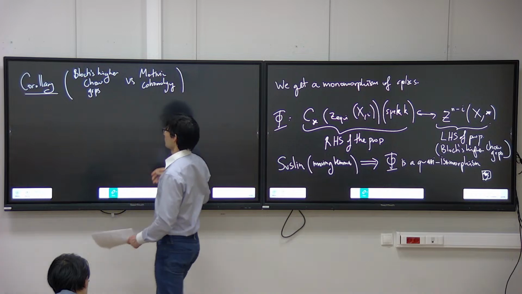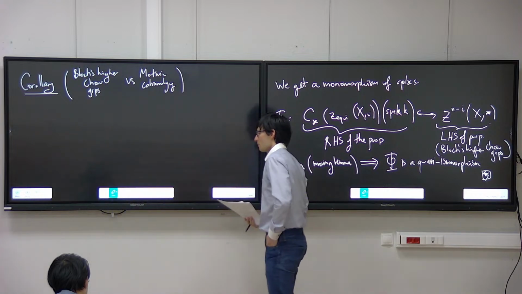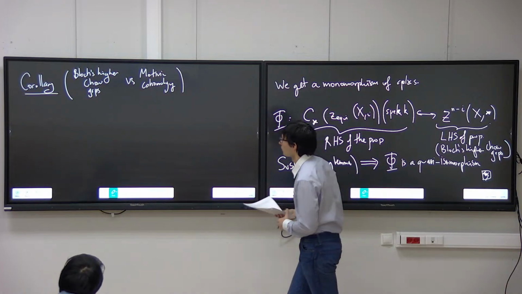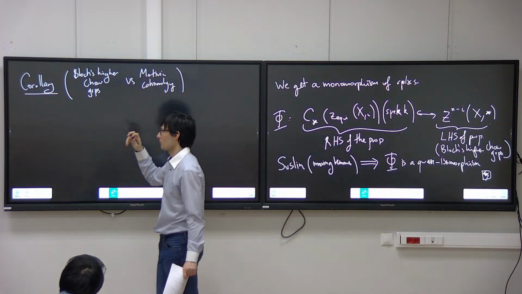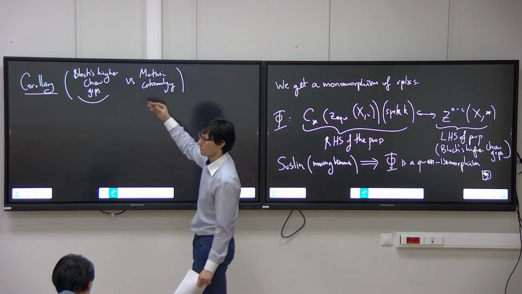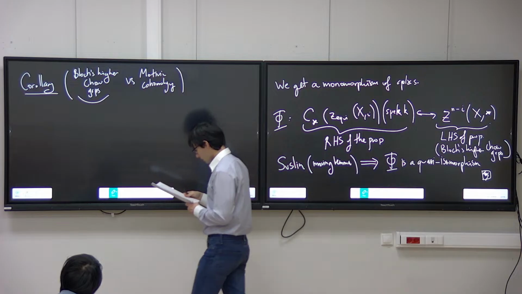And it's important because before this story of motives done by Voevodsky, there was an ad hoc definition of motivic cohomology using these guys. So it was nice to make them equal.